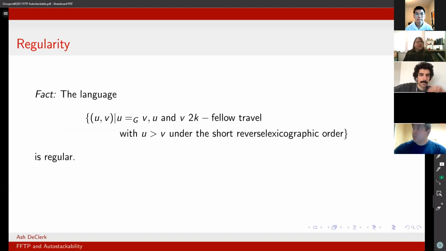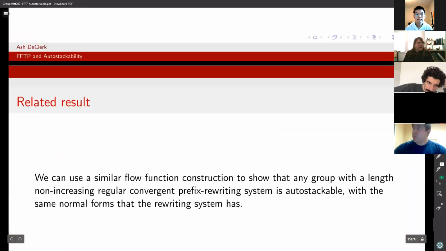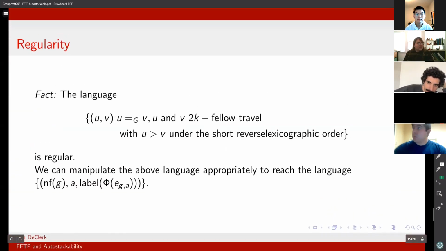Regularity is a bit trickier. In fact, there is a nice language that we can prove is regular. In particular, it is the language of all pairs UV, where U and V 2K fellow travel, and U is larger than V under short reverse lex order.